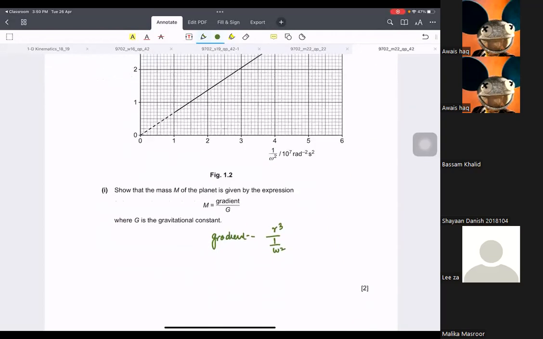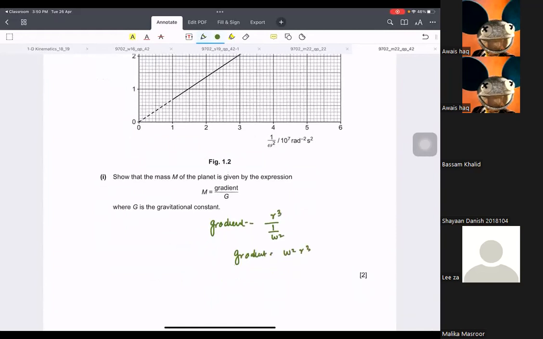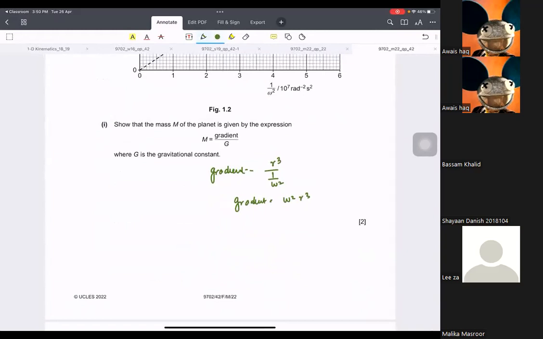So the gradient basically represents omega square r cube. Omega square is basically, there's no omega for some reason here, right? There's no r even, which is good, fine.